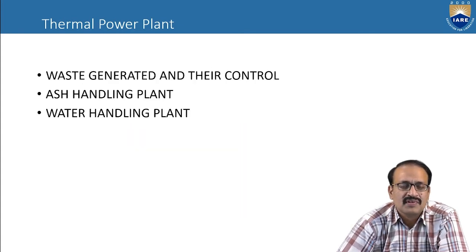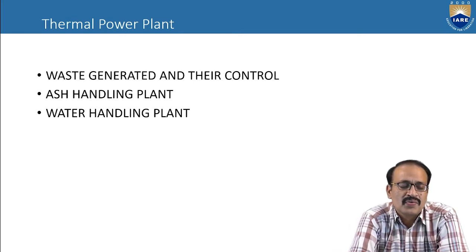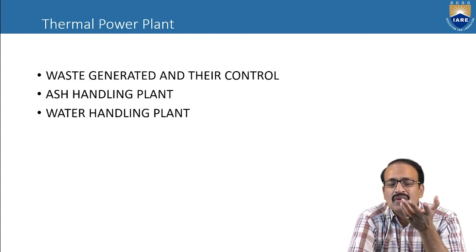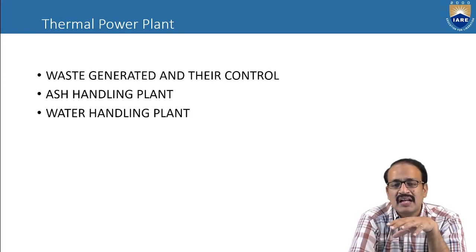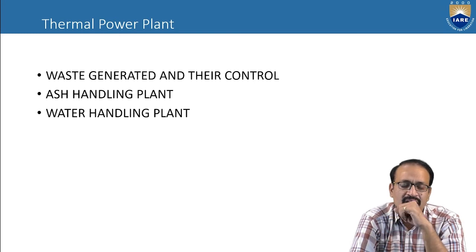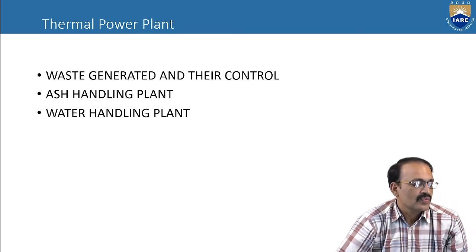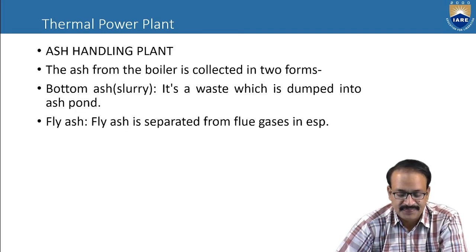So next thing is waste generated and its control. If we are burning the coal, after burning it will become ash. For handling that, we have an ash handling plant. And the water, after using, we are using so much water, so for that we have a water handling plant.